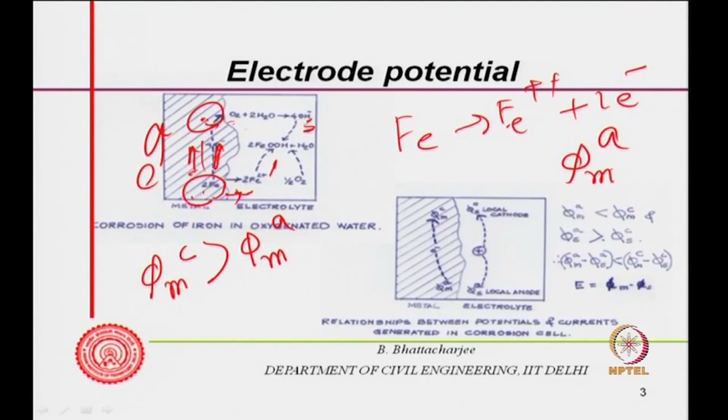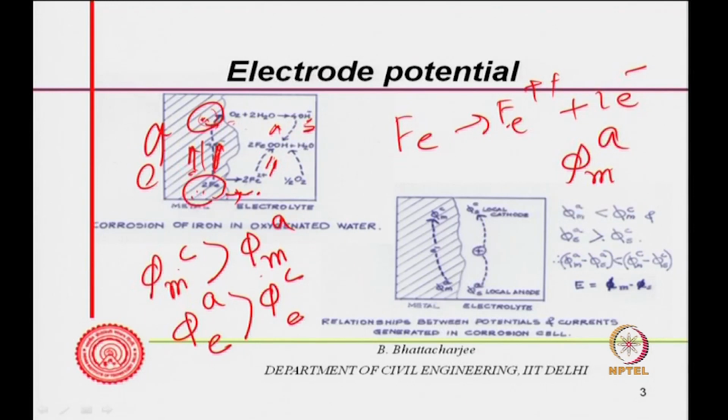So, we said that there is a variation of the potential from the metal surface to the solution, and we talked about 2-3 models, Helmholtz, and finally Stern's model. So, we are talking of the potential here, and since the electron moves from here to here, this potential must be more than this potential. So, phi m c is greater than phi m a, and if you come to the electrolyte, the positive ion moves along this direction. In other words, phi electrolyte at the anode must be greater than phi electrolyte at the cathode.